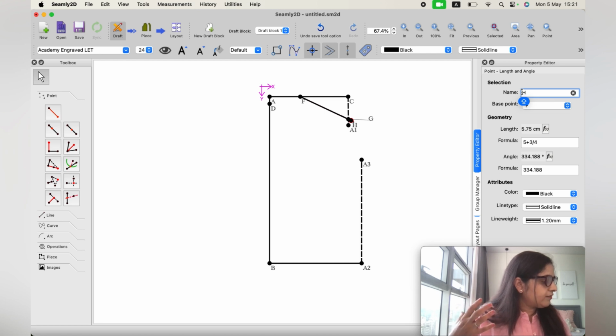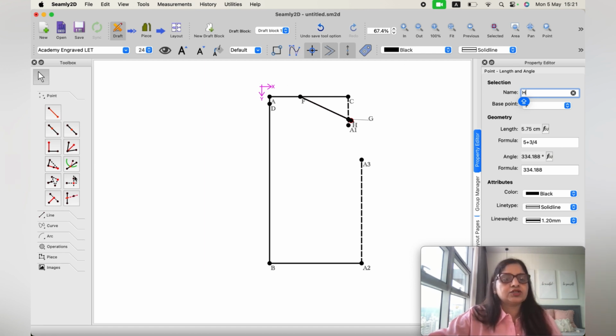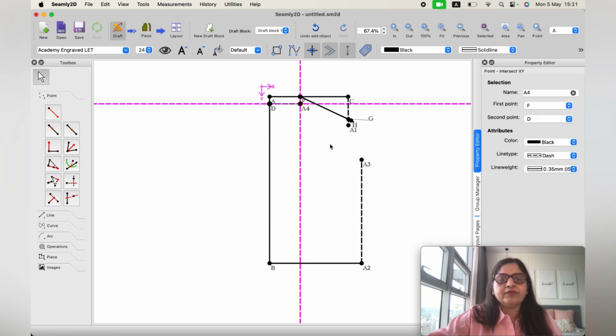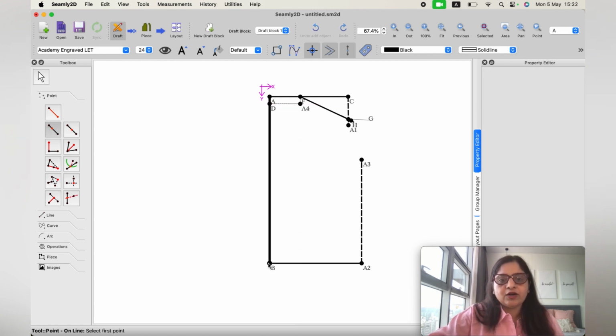Now I have to square down from F to the D line. So I'll square down here and here. Here my neck will come. Now the next measurement required is dart placement. So it will be here. I'll take a point along the line.